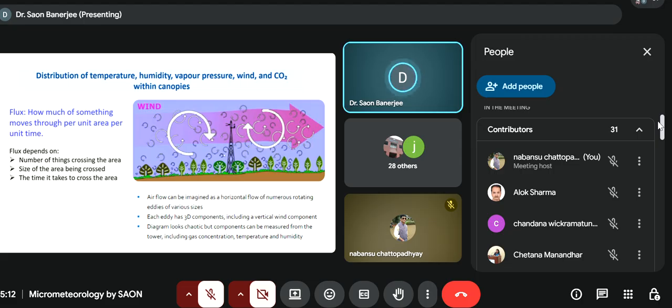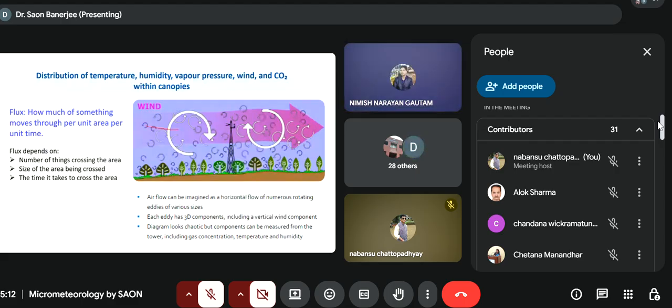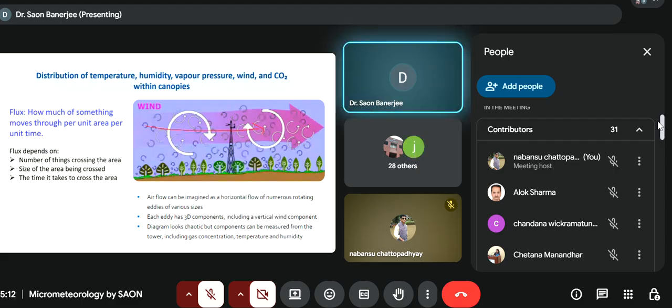Anybody, can you see that cursor? Yes, sir. So this is a wind direction. Now, some of the movement of wind may be towards the upper side and some is coming towards the lower side.